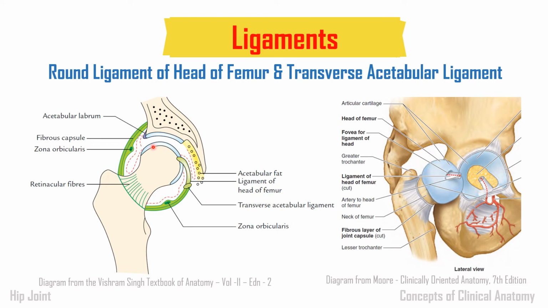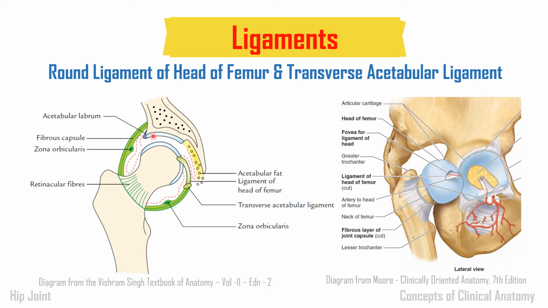Then one more thing is the acetabular labrum, which is also considered a ligamentous structure, which forms a triangular-like impression around the acetabulum. That is the articular surface of the acetabulum, in a horseshoe manner. So it is deficient in the inferior aspect, which is bridged by the transverse acetabular ligament.